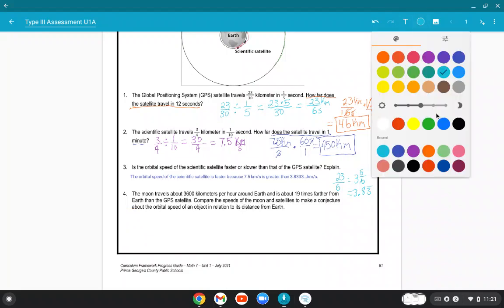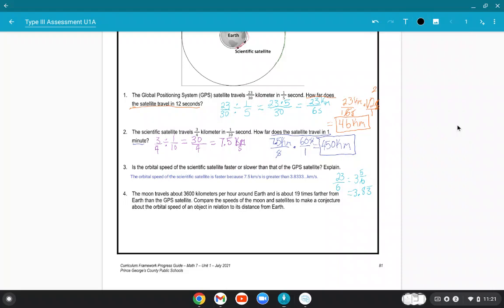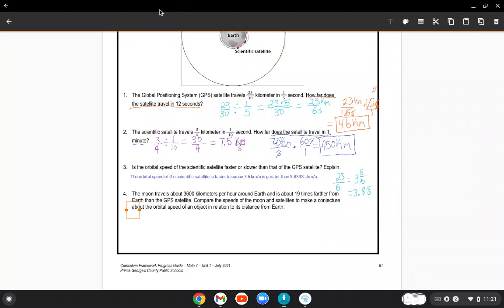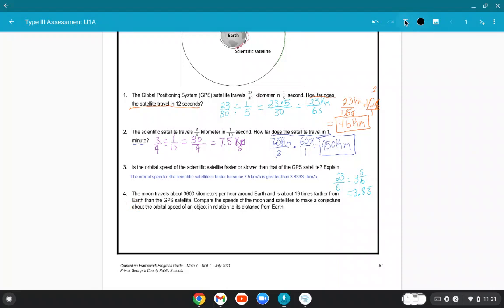Believe it or not, it's not going to require a lot of math. Now, I'm going to tell you off the bat, what we need to do is figure out what 3,600 kilometers per hour is in kilometers per second.